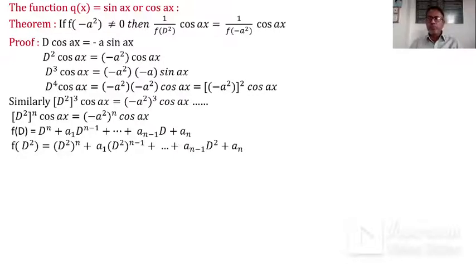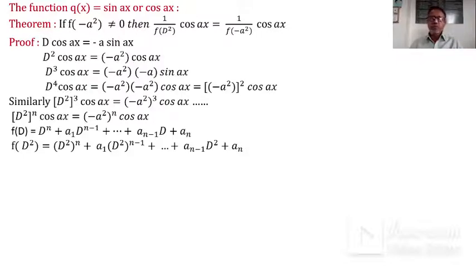Here we substitute D by D square in f of D, then we obtain f of D square equal to D square to the power n plus a1 D square to the power n minus 1 plus a2 D square to the power n minus 2 plus and so on, plus a n minus 1 D square plus a n.